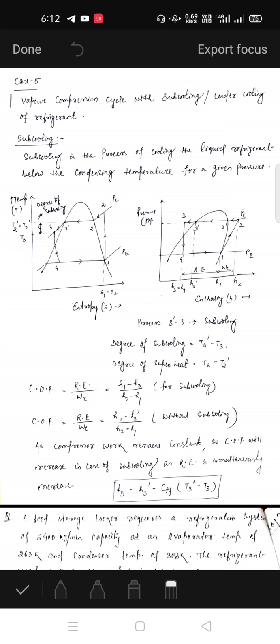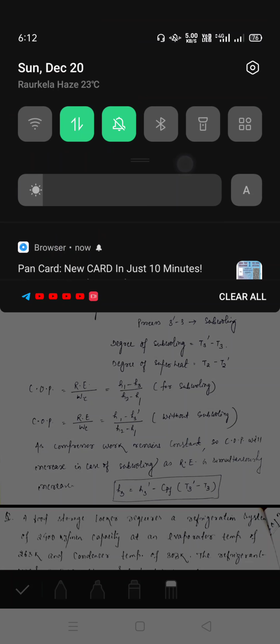Okay, so like this you can see the corresponding diagram in the pressure-enthalpy curve. Process 3 dash to 3 is your subcooling process or undercooling process. So you can find the degree of subcooling. It is the temperature difference between 3 dash and 3, that is T3 dash minus T3.